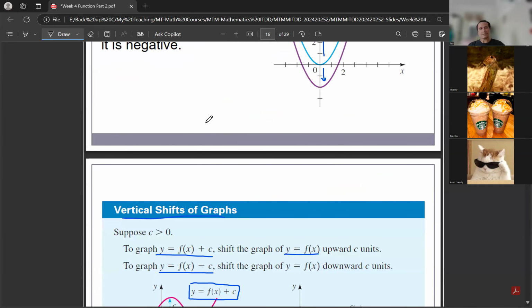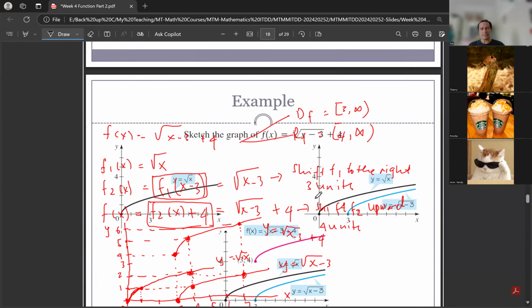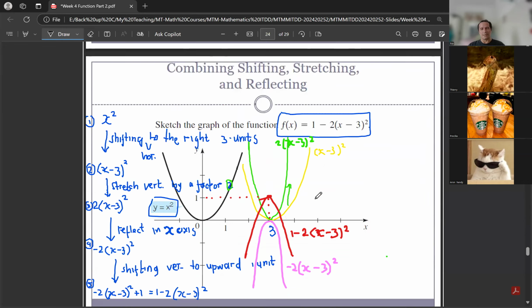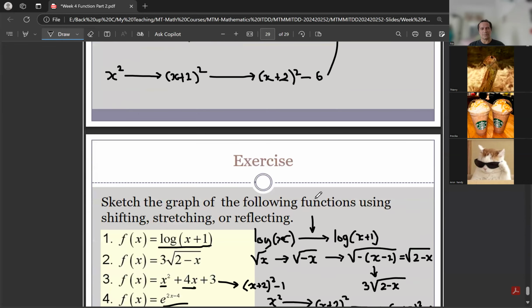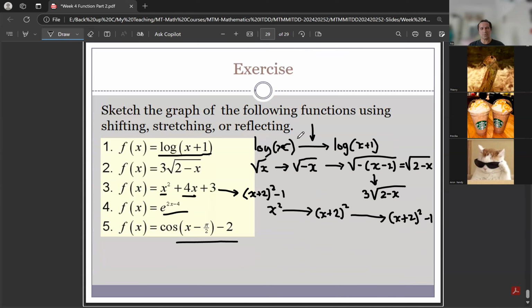So that's all for our discussion today. In the last part, we have some exercises. Please complete them and ask the assistant for help.